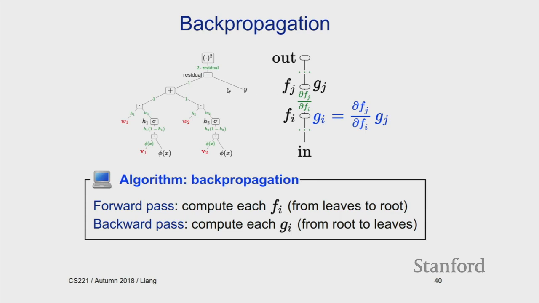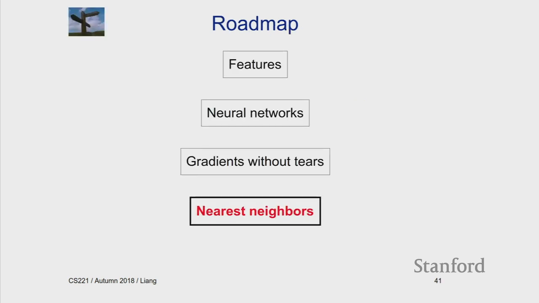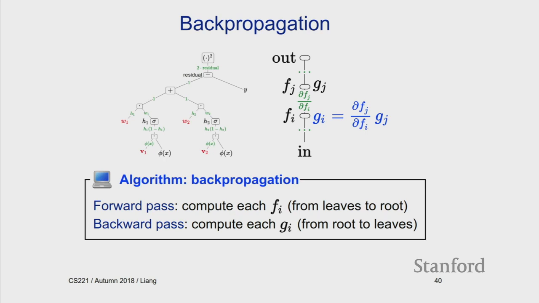Okay? So for example, if you want to compute the partial g of this value, then it's 1 times whatever value sitting here, which would be 2 times residual. Okay, so that's essentially the backpropagation algorithm. Any questions before I move on?